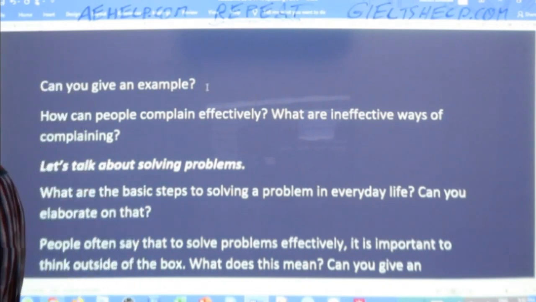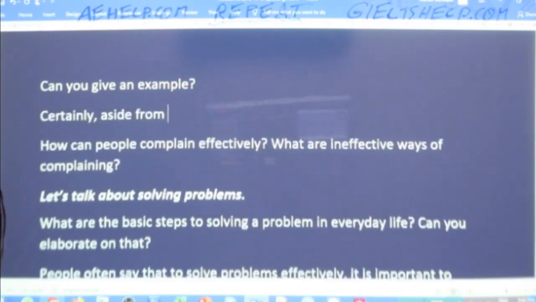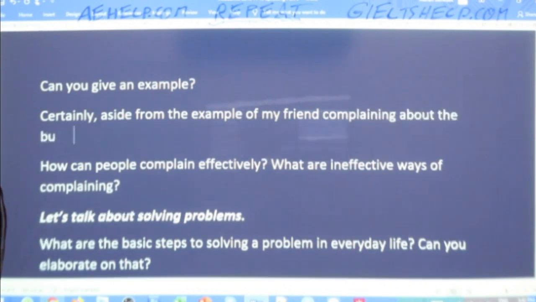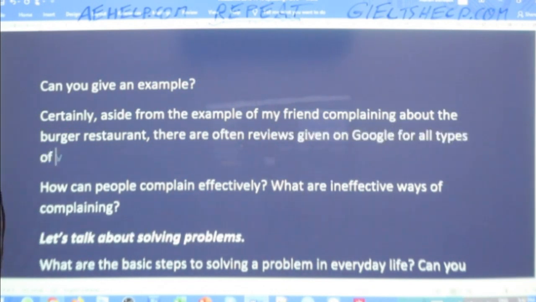Here I'll give you an example as well. So certainly, aside from the example of my friend complaining about the burger restaurant, there are often reviews given on Google for all types of venues.